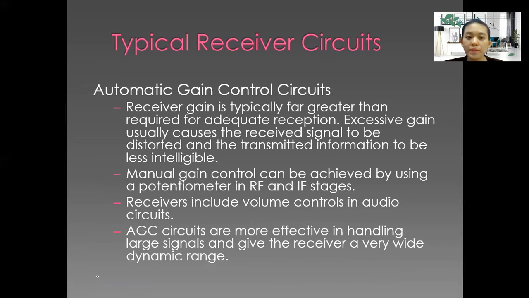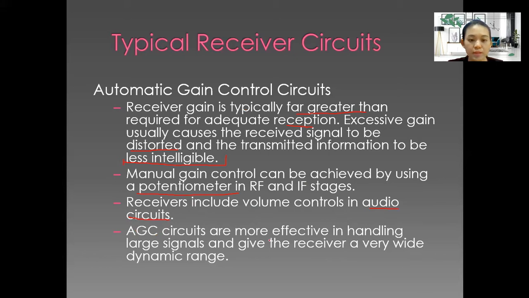Now we go to the automatic gain control circuit. The receiver gain is far greater than that required for adequate reception, and excessive gain usually causes the received signal to be distorted and the transmitted information will be less intelligible. Thus, manual gain control can be achieved by using a potentiometer in the RF and IF stages, and these receivers include a volume control in the audio circuit.